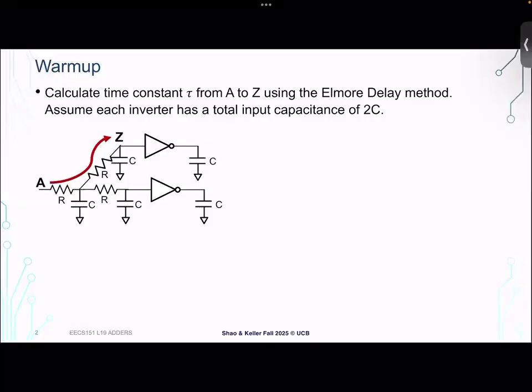And we introduced this concept of Elmore delay. So we're trying to figure out the delay from A to Z in this problem statement. And so we're going to do this tree walking or path walking method to find our time constant tau.